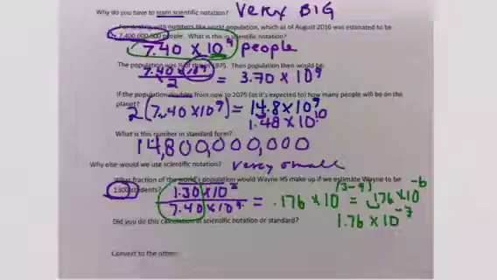Okay, and so question, did I answer this in scientific notation or standard? I wanted to do it in scientific. So let's convert to the other. That would be 176. Here's my decimal point, and this means I'm going to shift it to the left.